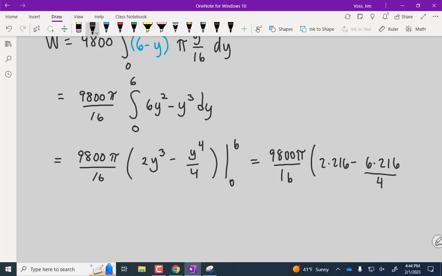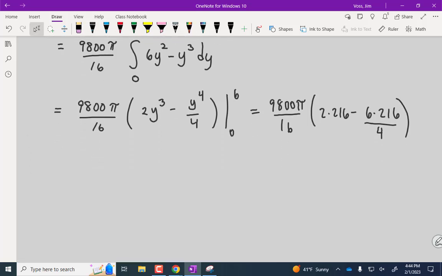Let's be creative. Do you agree with that? If we have 6 to the 4th, 6 cubed is 216, and we could factor out the 216. So we have 9,800 pi over 16, and then we factor out a 216, and we're going to have 2 minus 3 halves, which is 1/2.